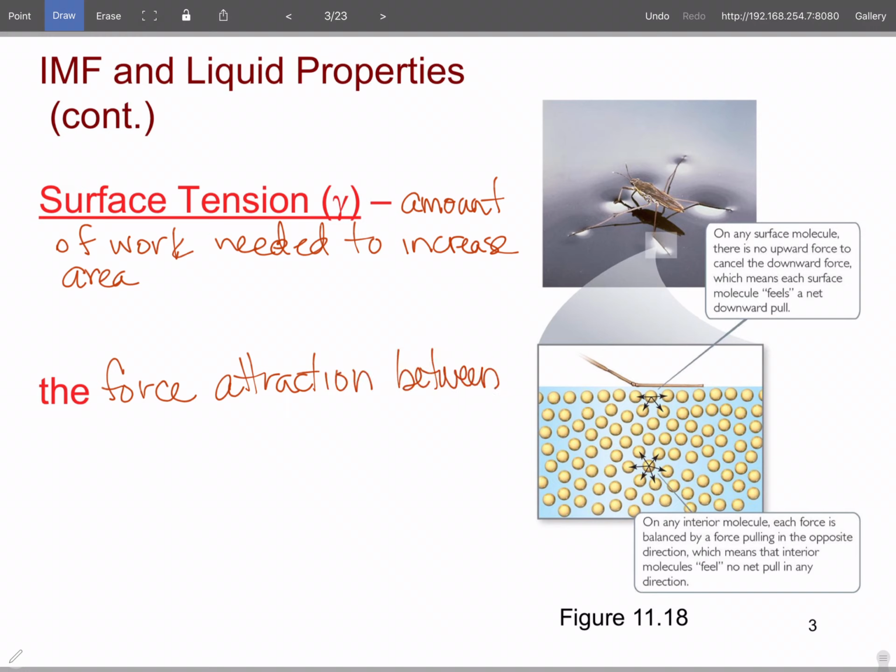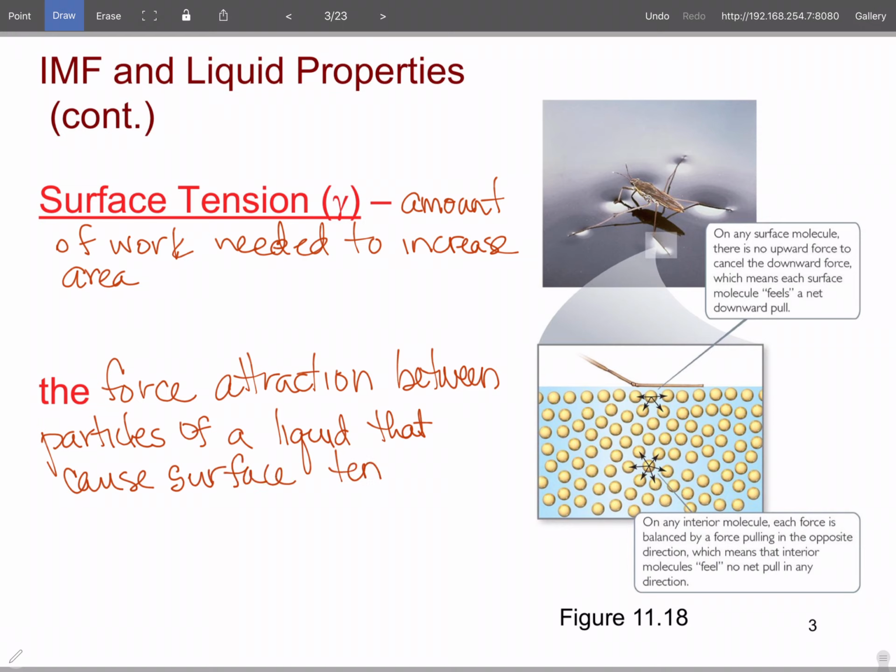And so these are actually fun things that you can do. This is actually a cool experiment.